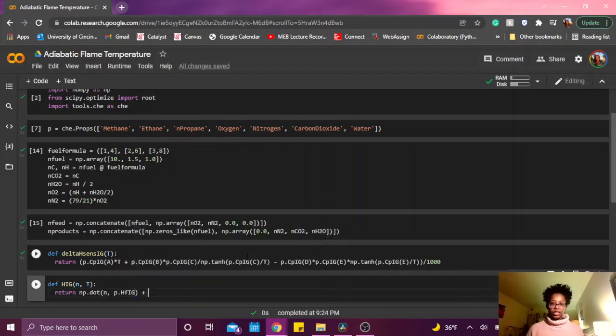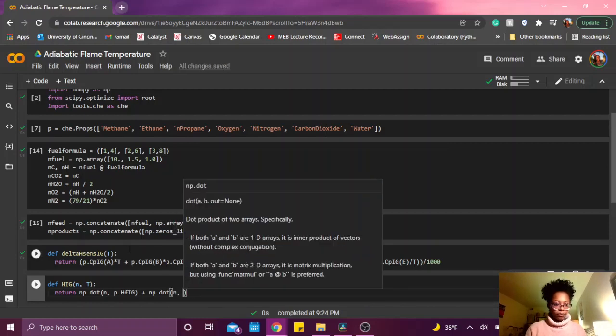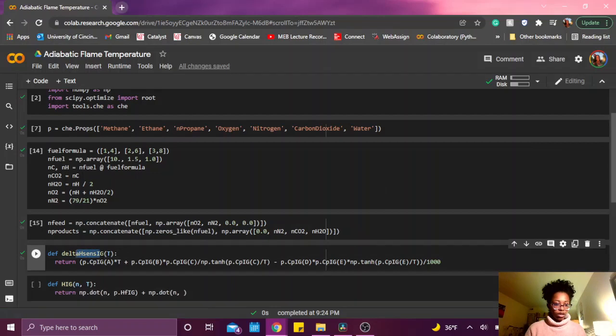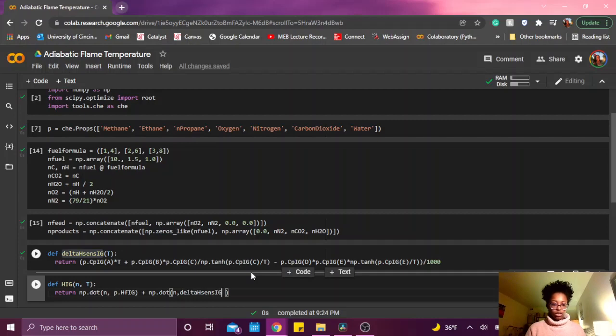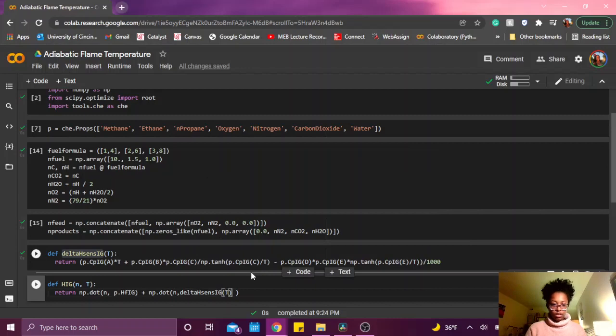And then we have to do plus our integrated heat capacity, which is the np dot of N in our function delta H sens IG at T minus delta H sens IG at 298.